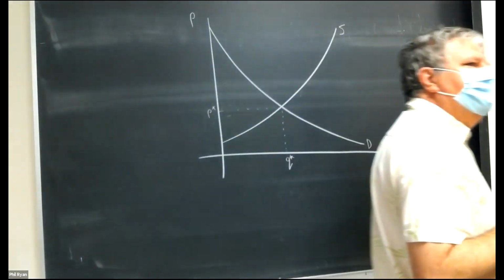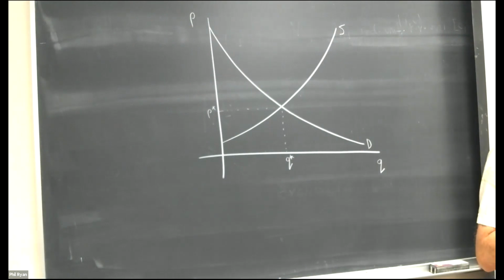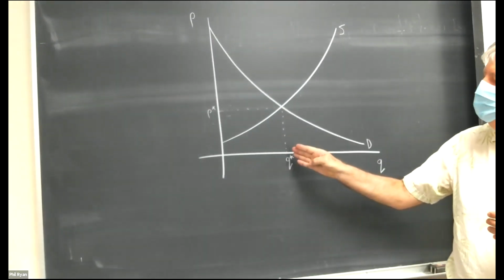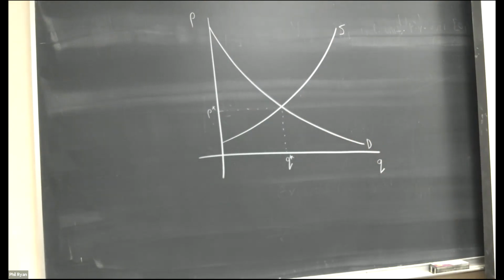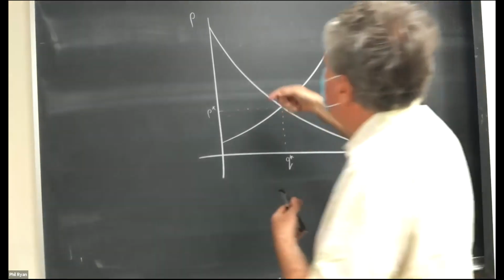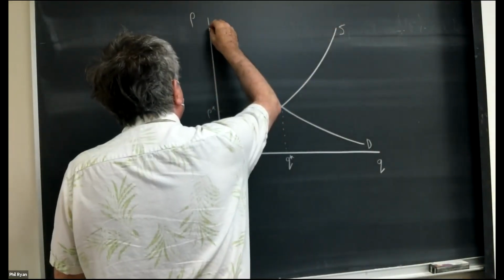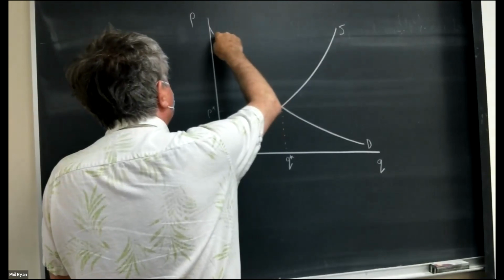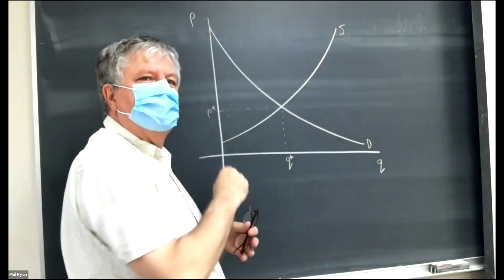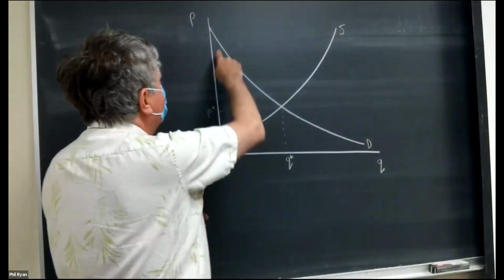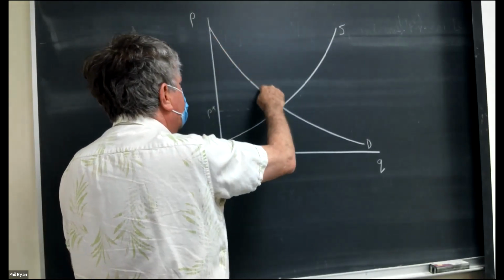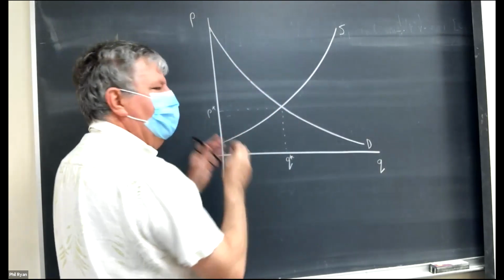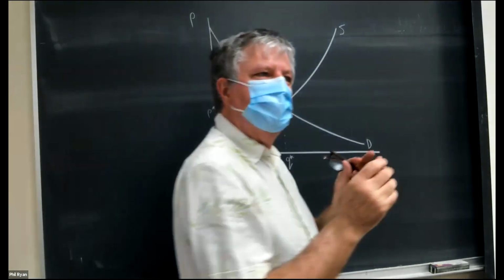But the thing that we notice is that there are consumers who would have bought the good at a higher price. For example, there are a few people up here who would have been willing to pay this really exorbitant price, and some people here, all waiting to buy those quantities.